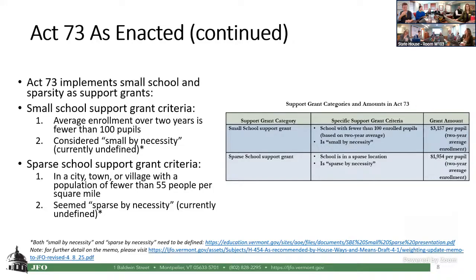And I think one other piece to keep in mind when thinking about the provision of a grant versus a weight: under current law, we have those small and sparse weights, and we have other weighting categories as well. Because those are tax capacity weights and they're not weights in a foundation formula, it's not an apples to apples comparison to look at what weights we have in current law versus what weights would be used in the foundation formula, because current law is adjusting taxes and tax capacity.